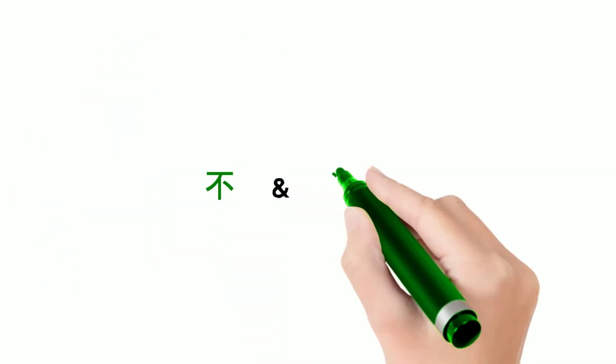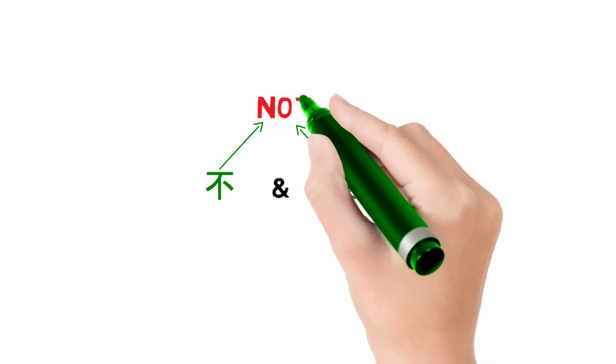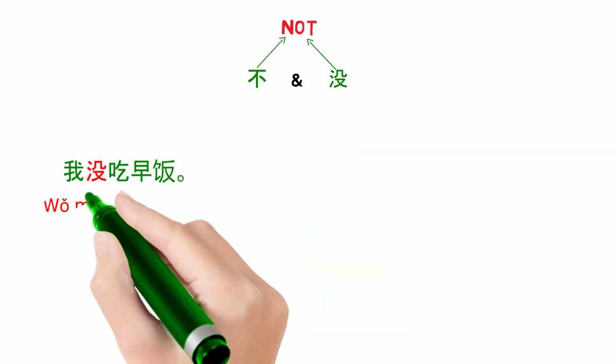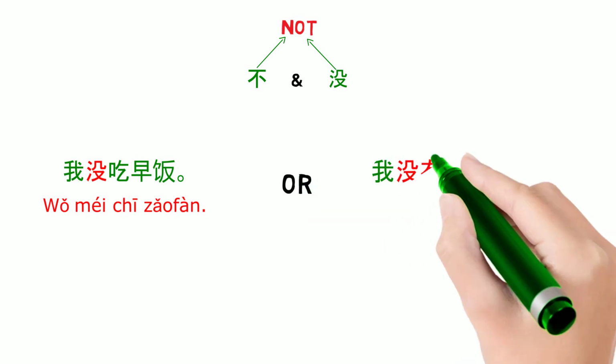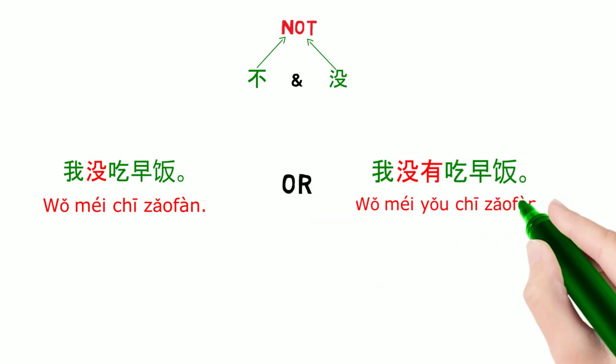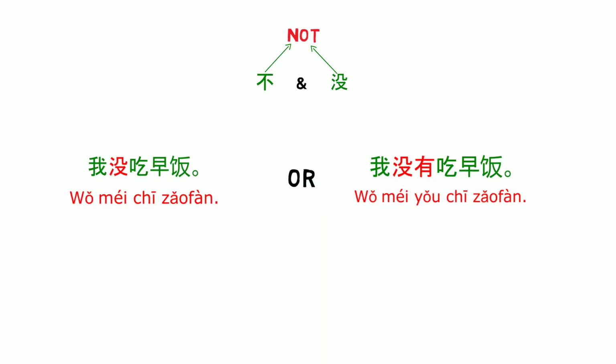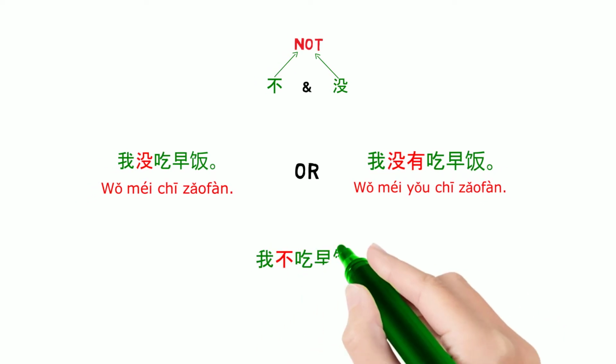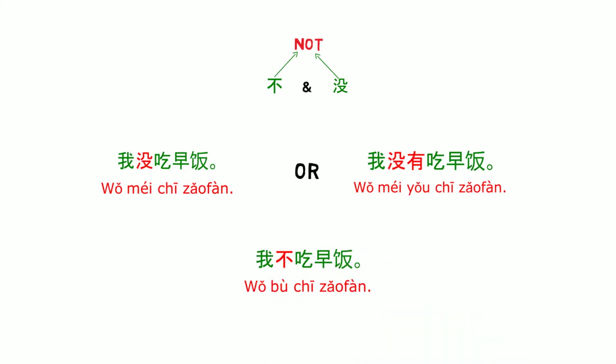Now let's take a look at 不 and 没. Both words mean not. 我没吃早饭 or 我没有吃早饭. 没 and 没有 are interchangeable here. 我不吃早饭. Do they mean the same? If not, what's the difference?